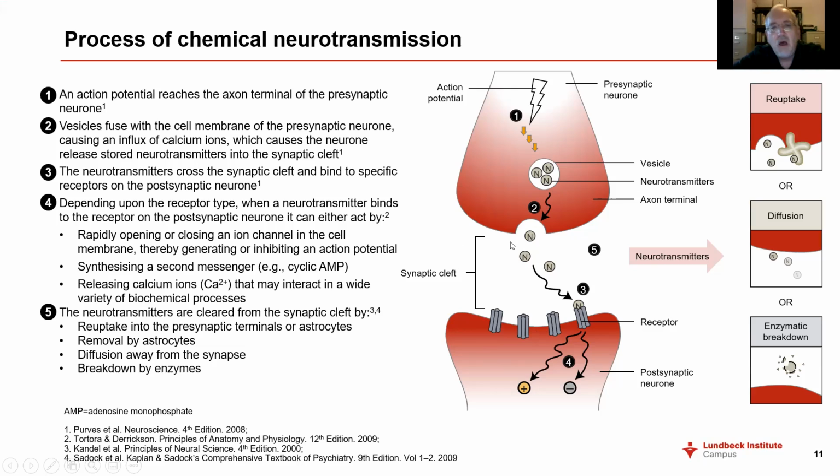And then one of three things happens as the neurotransmitters go across: either the neuron will open or close as a way of letting in or inhibiting the increase of the neurotransmitter, or it'll cause some sort of other biochemical process.